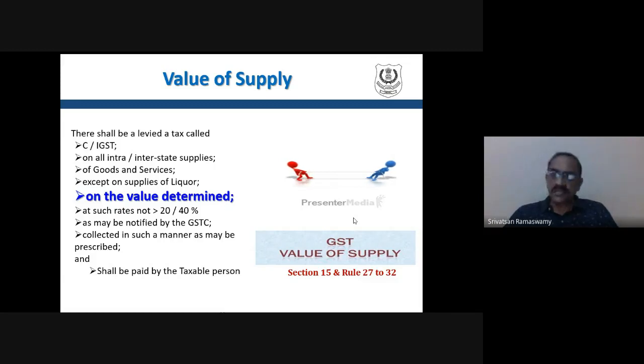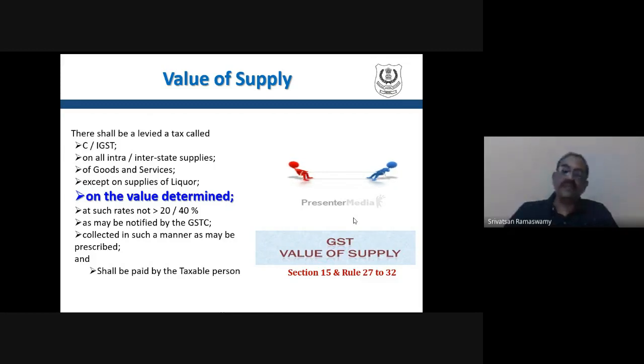So ever since this ad valorem based taxation regime was introduced, it has had the ignominious distinction of being one of the most disputed subjects. It invited a lot of litigation precisely because the tax administrator will always try to keep the value as high as possible so that the revenue is more. And the taxpayer will try to keep it as low as possible so that the liability becomes less.